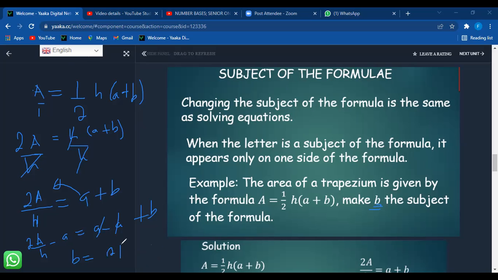So this would be 2A divided by h then minus an a. So one would opt to stop here or to continue and find the LCM of h and 1, which would be h.